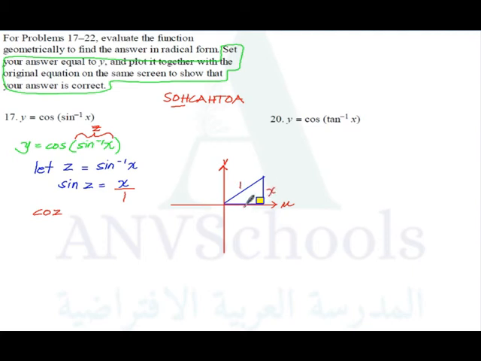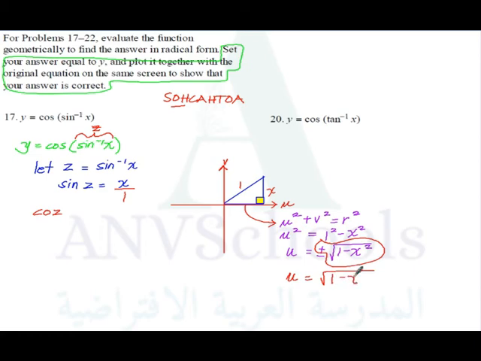And we have to find this, and this is of the form of the Pythagorean. So u squared plus v squared is equal to r squared. And u squared would be equal to 1 squared minus x squared. So u is positive or negative square root of 1 minus x squared. But take note that this is in quadrant 1, so we have to choose the positive part. Therefore our u here will be equal to positive square root of 1 minus x squared.